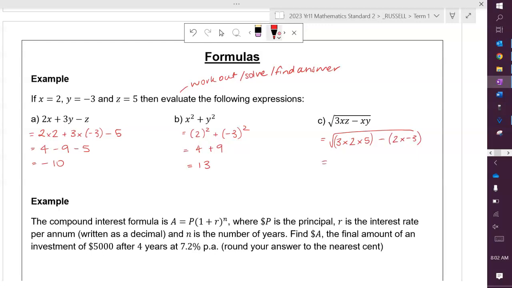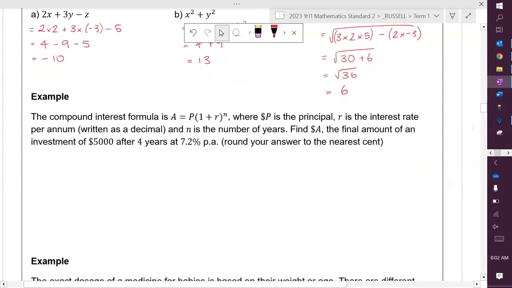Now, if you don't have a calculator, that's fine, we can work it out. 3 times 2 is 6, 6 times 5 is 30, minus 2 times -3 gives us a -6, and a negative and a negative make a positive. So I end up with this, which would simplify to 36, and the root of 36 is simply 6.